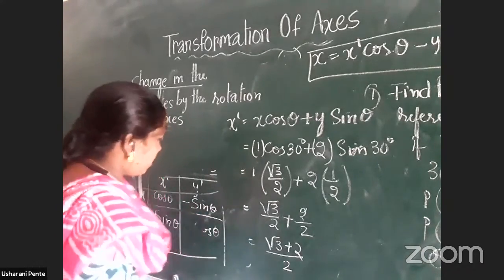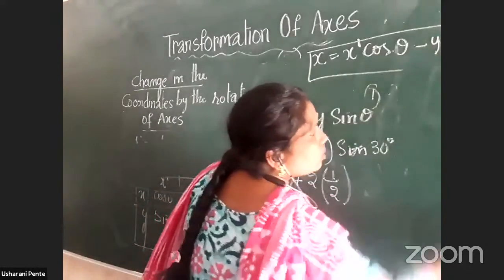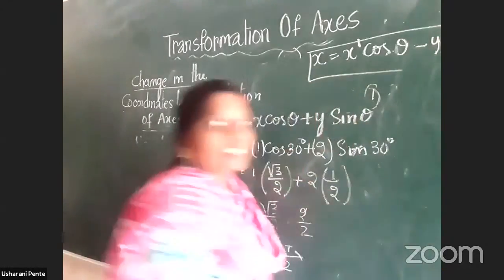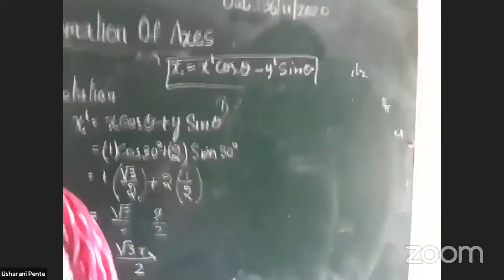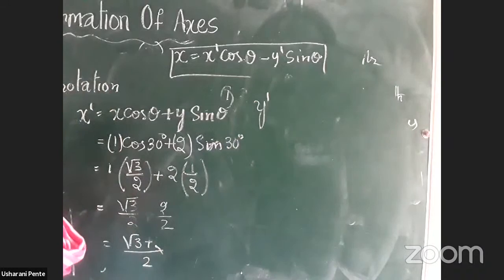Now we will find the Y coordinate with reference to the new system. That is, Y dash is equal to how much?